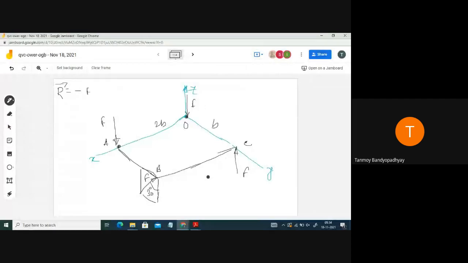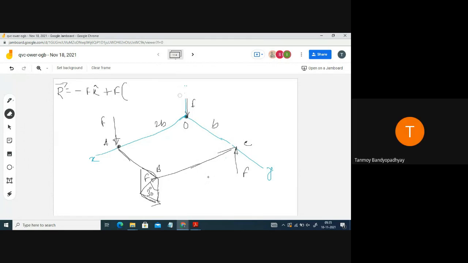Then F_B is this point, which you have to calculate. F at 30 degrees will have two components. One is the component in the y direction and the other in the z direction. So this is F cos 30 j cap, and F cos 30 k cap.